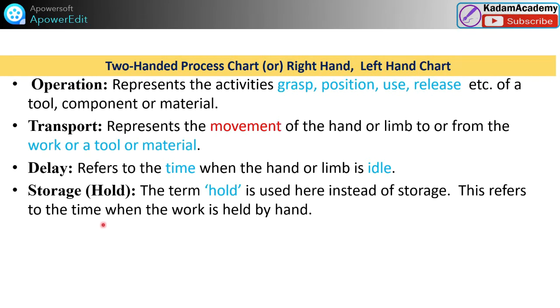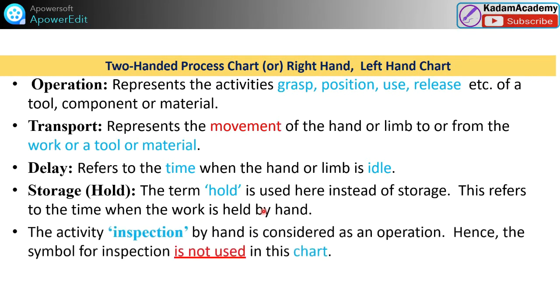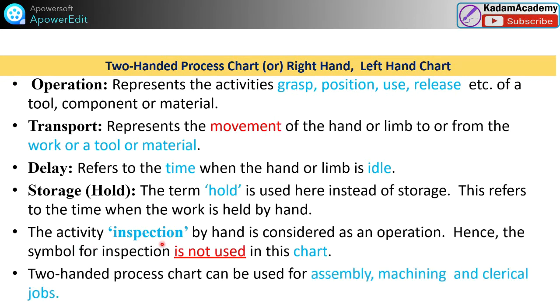This refers to the time when work is held by the hand. The activity of inspection by hand is considered an operation. Hence, the inspection symbol is not used in this chart. Directly, we can write the word inspection. The two-handed process chart can be used for assembly, machining, and clerical jobs also.